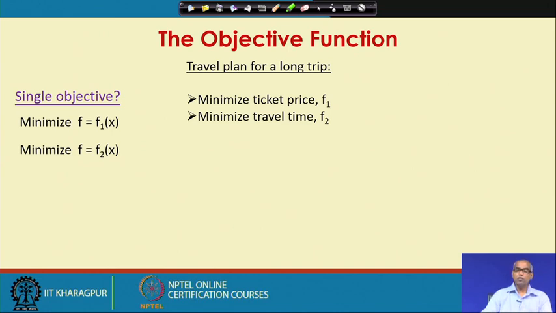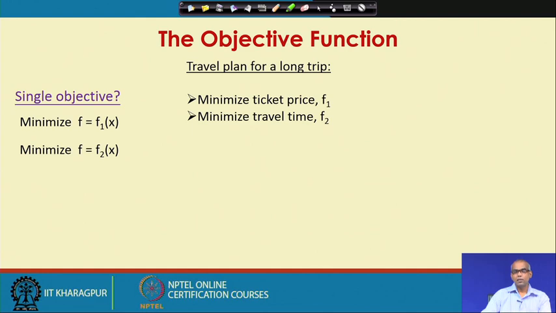If there is no restriction on travel time, obviously I will try to minimize the cost of the ticket. If money is no consideration, I will try to minimize the travel time. So, a single objective optimization problem may be either minimize the ticket price, that is F1, or minimize the travel time, that is F2.